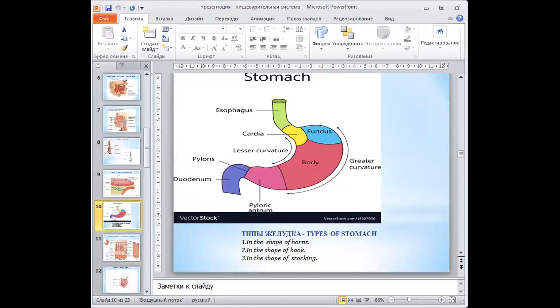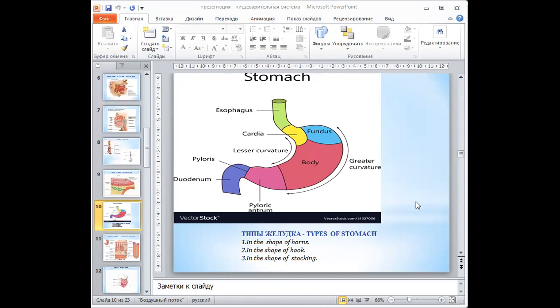The next part of the digestive system is the stomach. The stomach is a circular dilation of the digestive canal. The stomach consists of the cardial part, the stomach bottom, the stomach body, the pyloric part, the greater curvature, and the lesser curvature.